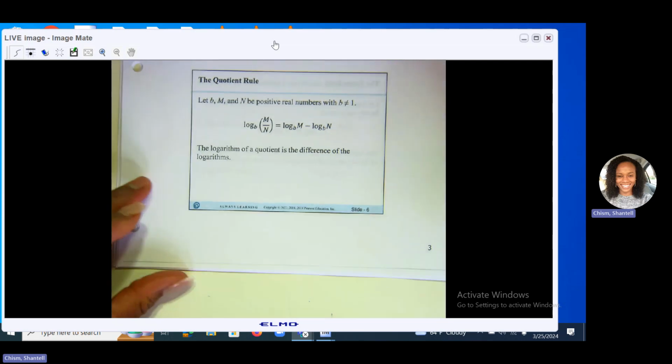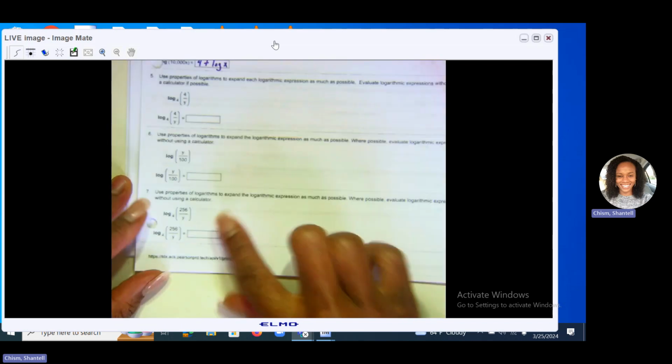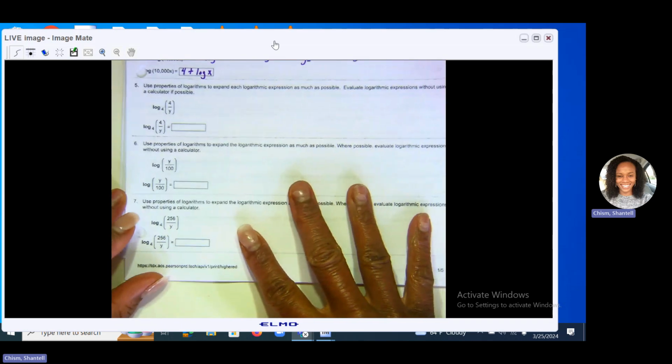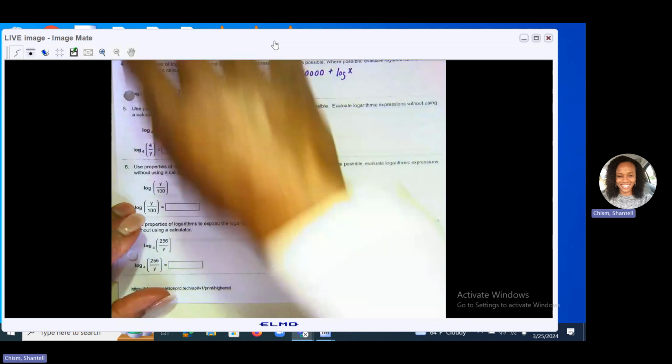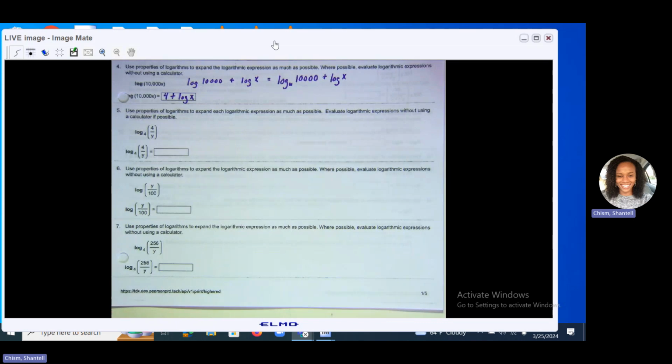So let's look at number 5 and number 6, and maybe even number 7. I think all of these apply the quotient rule. Look at number 5. All right, number 5, using the same directions, using properties of logs to expand. Again, it does not tell you which property to use, so you have to recognize which property needs to be used.